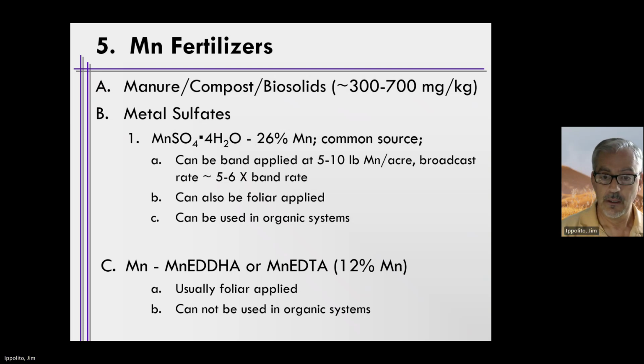You can also apply manganese chelates, and these are usually foliar applied. If they are applied, they cannot be used in organic systems because EDDHA and EDTA are man-made substances. And this brings us to the end of this unit.